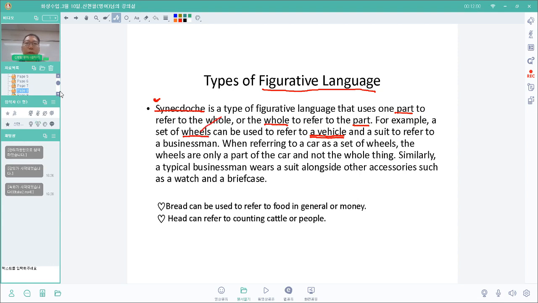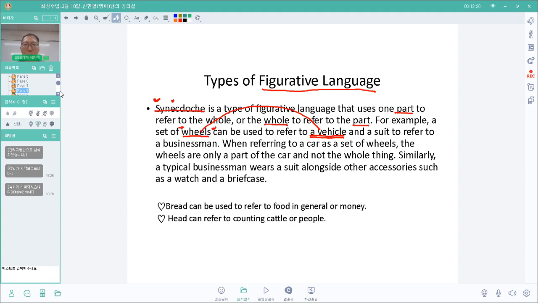So wheels and vehicle could mean same thing under the technique of Synecdoche. The wheel can represent entire vehicle, entire car, or entire bus. So you can use just one part, wheel, to represent entire vehicle.